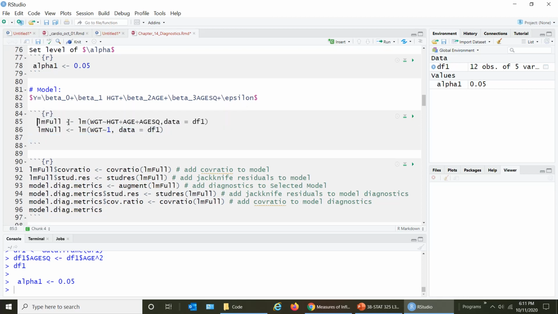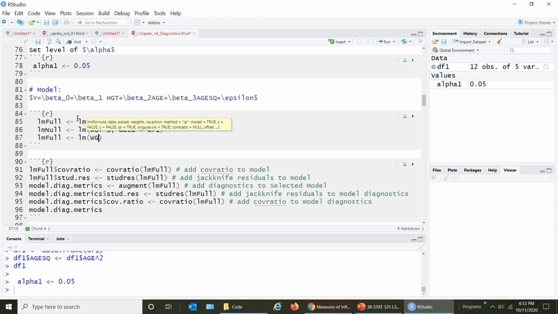Now I want to show you that there is an easier way to write the full model if we didn't have that variable child in there. If we were going to use all of the variables besides weight as predictor variables, then we could do this.